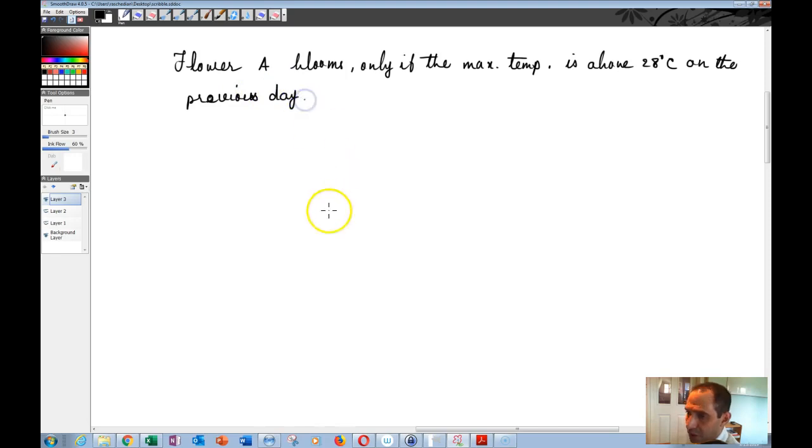Okay, so this is the statement that you have. Flower A blooms only if the maximum temperature is above 28 degrees Celsius on the previous day. That's the statement that you have, and you have another statement.